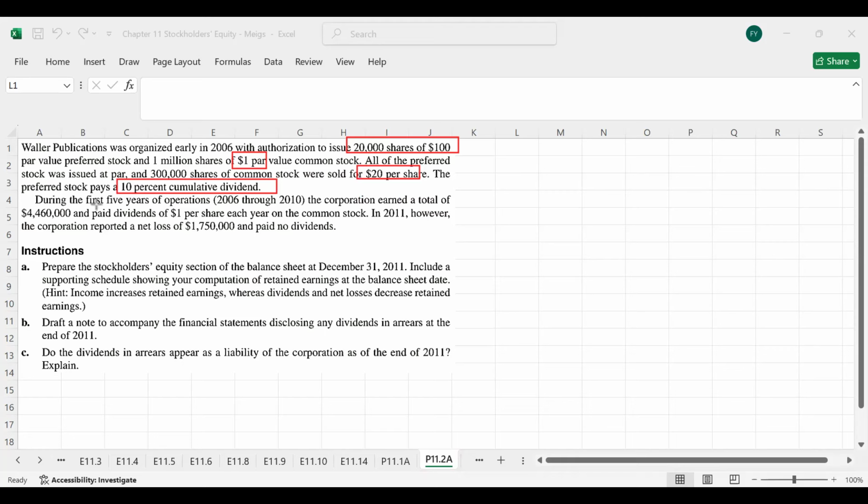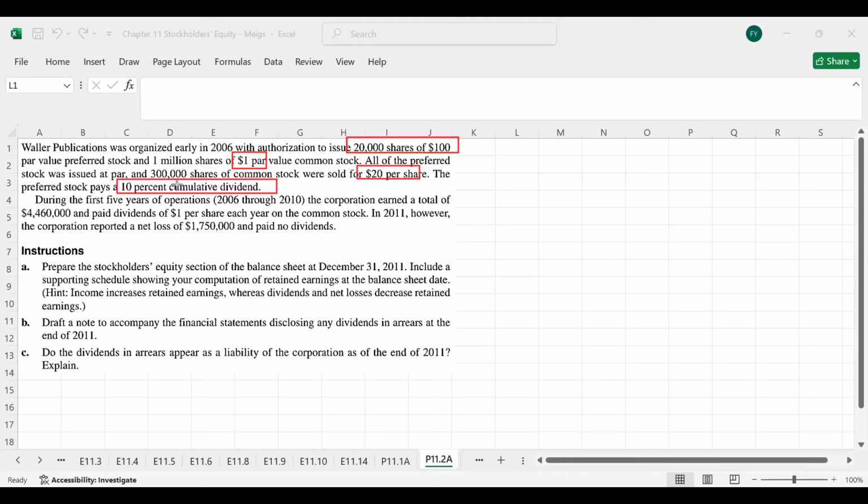So during the first 5 years of operation, that is from 2006 to 2010, the company earned a total income of $4.460 million, and then paid a dividend of $1 per share each year on the common stock. This is the common stock dividend, and it is mandatory to pay the preferred dividend because this is cumulative preferred stock.